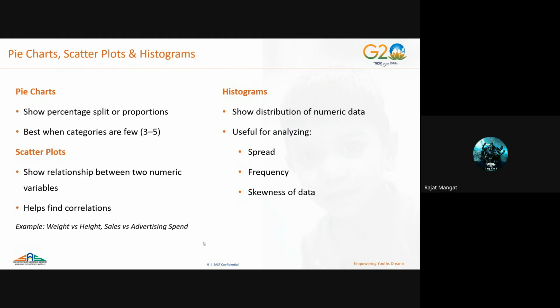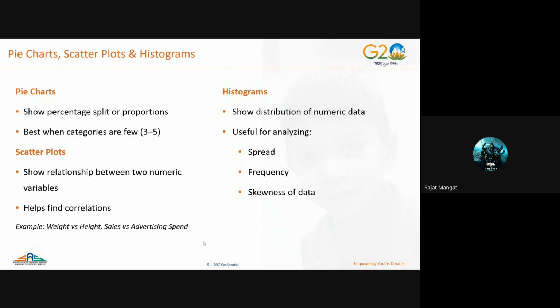A pie chart is basically what you see when showing how much oxygen is in our environment, how much percentage of nitrogen is in the environment, and how many other gases constitute our environment. So there they plot a pie chart. It is also used for categories, but only when you are comparing 3 to 5 categories. If you are comparing more, then you should use a bar chart.